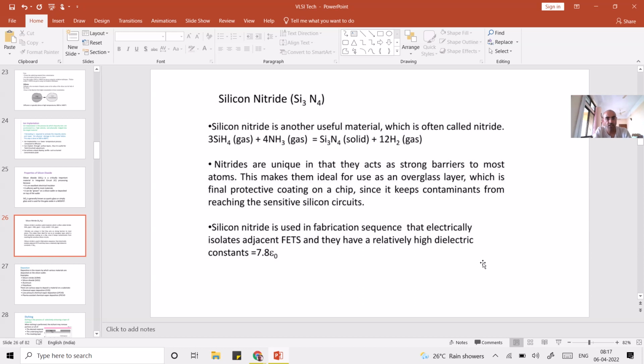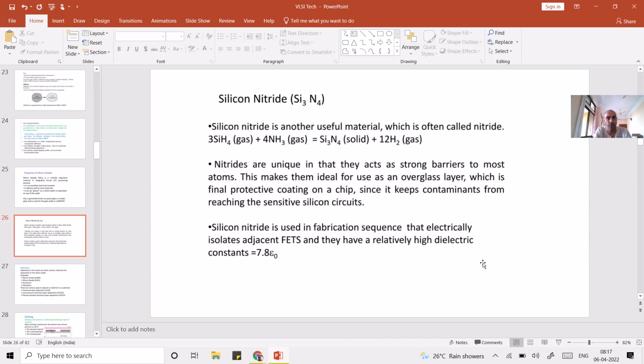Instead of silicon dioxide, you sometimes use silicon nitride because in some of the processes which you will study later, like LOCOS, we require silicon nitride instead of silicon dioxide. Because it is possible to make a very thin layer of silicon nitride.